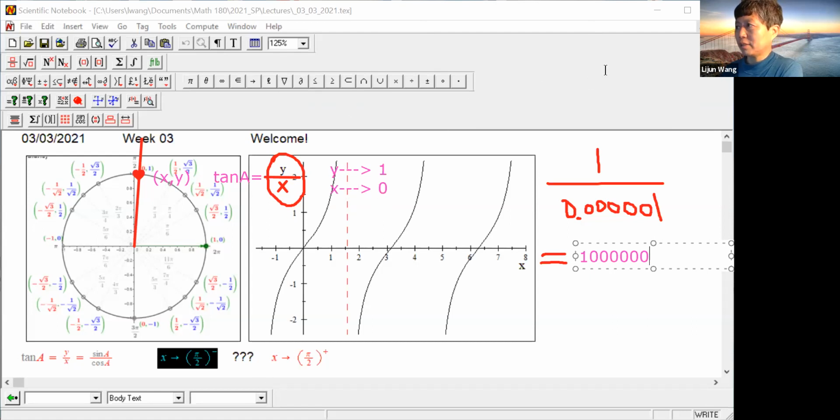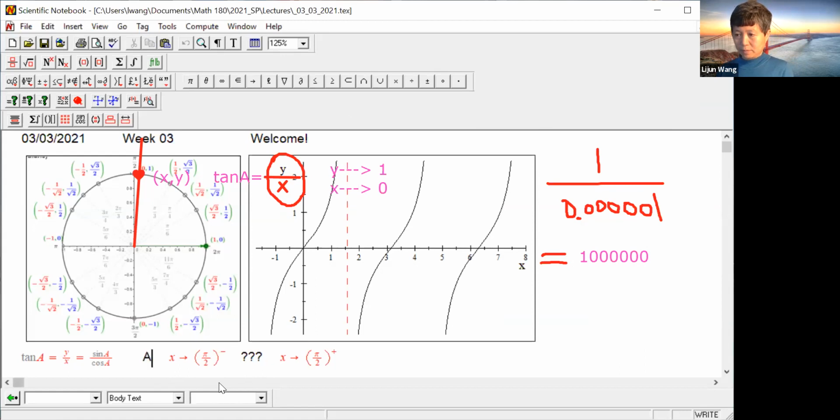So what do you say about this? What do we summarize about this phenomenon? So as x approaches pi over 2 from smaller than pi over 2, the tangent of that angle, okay, I'm going to use angle, the tangent of that angle approaches what?